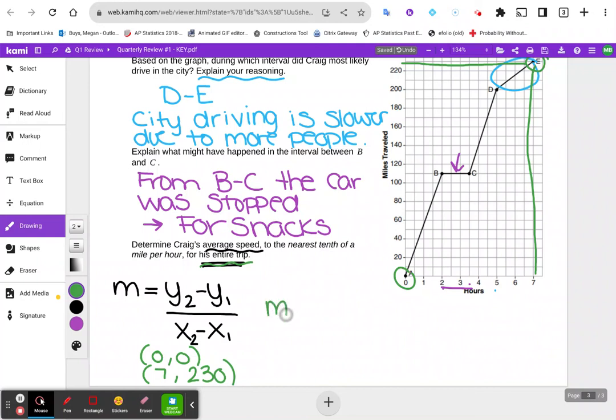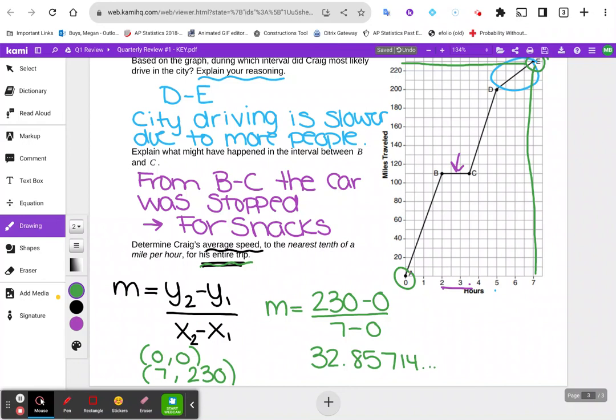Again, it's the same as your slope formula, so all we're doing is taking 230, subtracting 0. We're taking the y's, and we're taking 7, subtract 0 on the bottom there. And then I plug into my calculator. Whether you use alpha y equals and write the whole thing in, whether you just take 230 divided by 7, we end up with 32.857 14, and it keeps going.